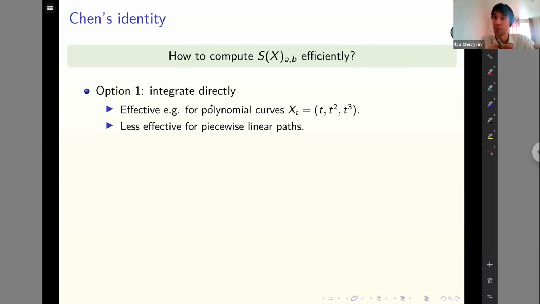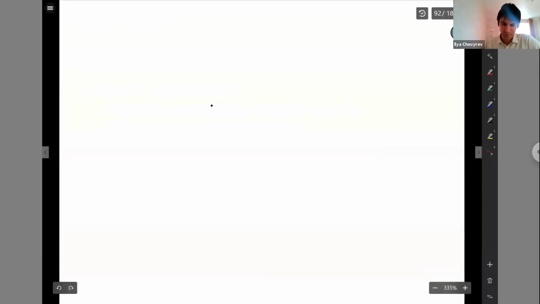This is very effective for polynomials, but it's less effective for something quite simple like piecewise linear paths. If your path has maybe 10 line segments, then taking that integral directly is going to be quite painful. So one might like to look for another method. And this is what Chen's identity allows us to do.